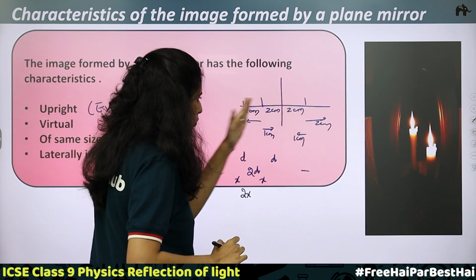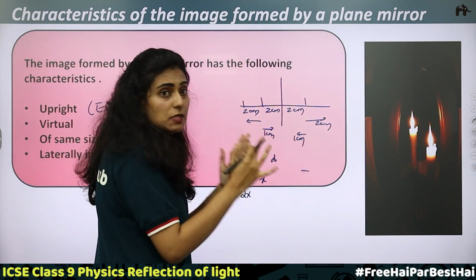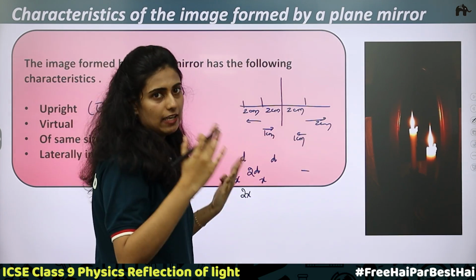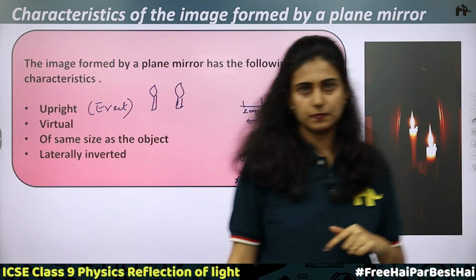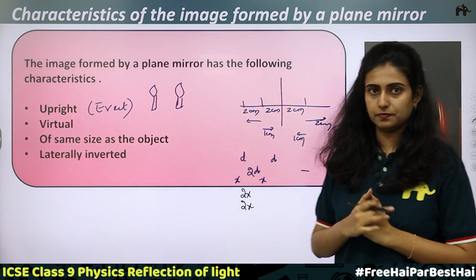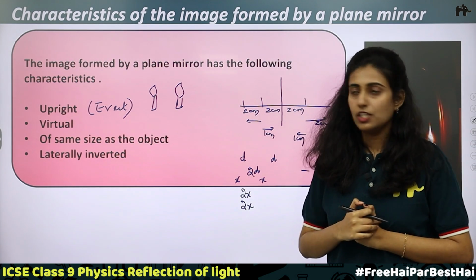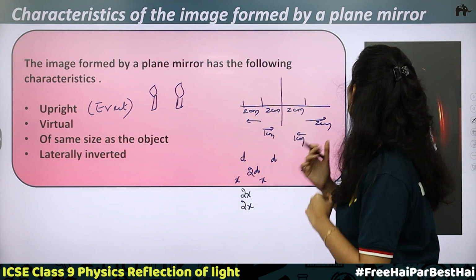X is moved by the object, X is moved by the image, so it is reducing by 2x. If they are moving away, then the distance is increasing by 2x. Understood? So these are the characteristics of the image formed by a plane mirror.